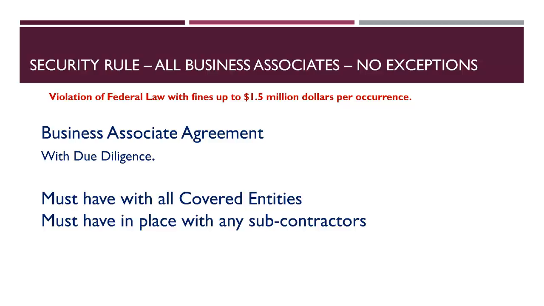Also, should you hire any subcontractors, remember that the covered entity is responsible all the way down the line, even for your subcontractors. So make sure that you do due diligence on your subcontractors to make sure that they are HIPAA compliant.